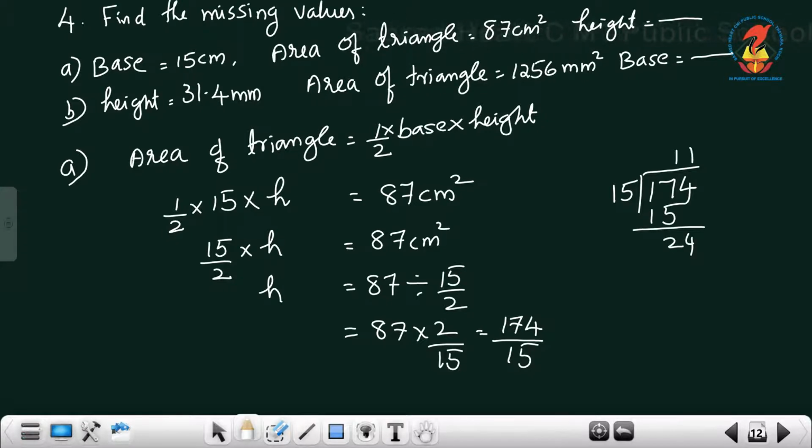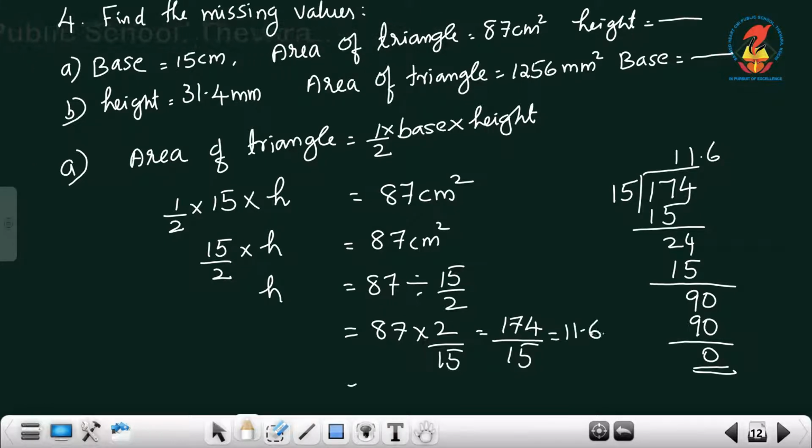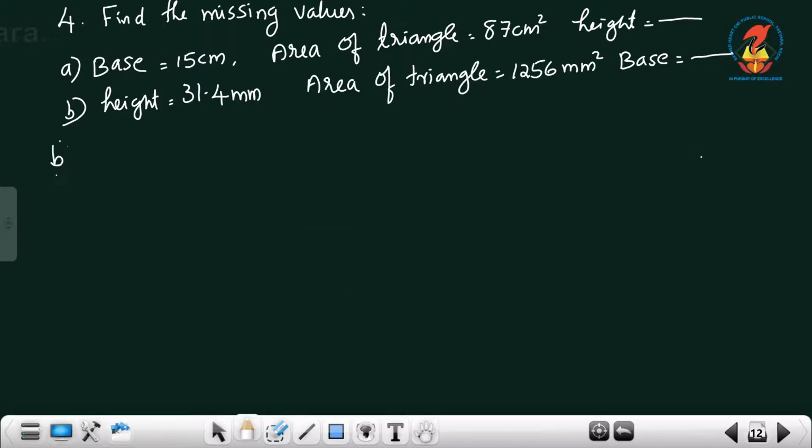Okay, here 1, 15, 9, decimal point, 96, 90. 11.6 centimeter. Okay, this is the answer.